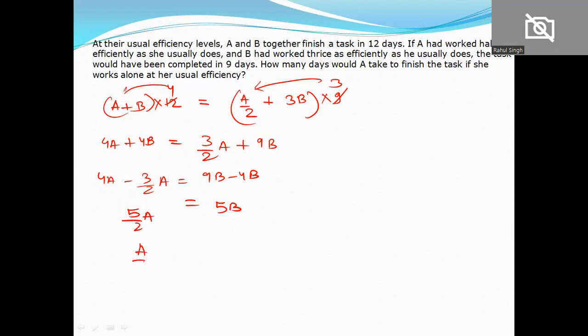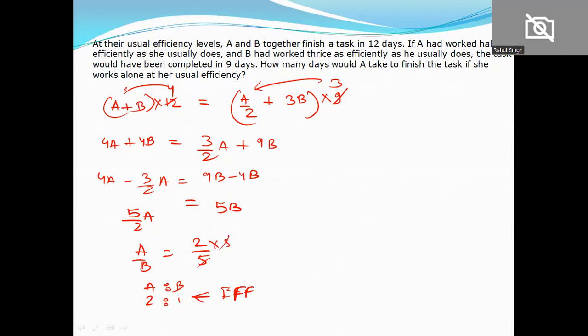So a over b will get 5 by 2 into 5, 5 by 5 cancel. So A ratio B is 2:1. So that's the ratio of efficiency. Now the point is how many days would A take to finish अगर वो अकेला काम करता है.